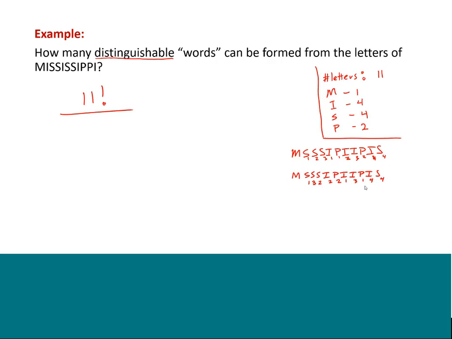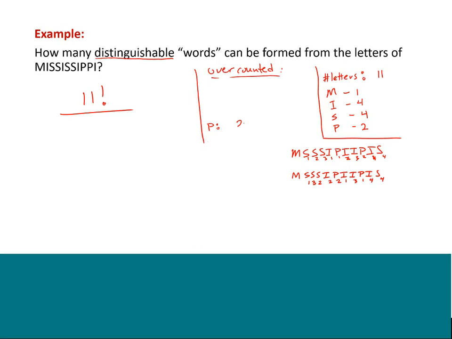Does that make sense? Kind of, maybe? I'm going to write that over here to the side. So with respect to P, here's our overcounting. Overcounted. With respect to P, we overcounted by a factor of 2.